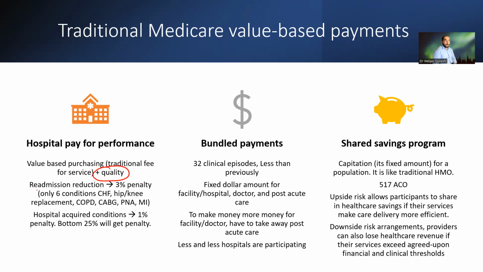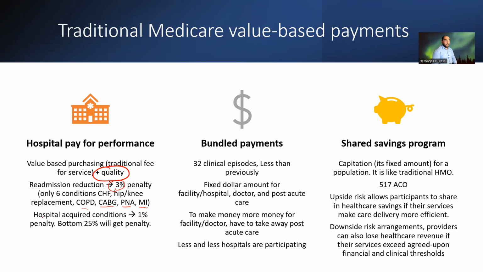They also want you to reduce readmissions, and there's a 3% penalty. They came up with 6 different conditions: heart failure, hip or knee replacement, COPD, CABG, pneumonia, and MI. So if you reduce the number of readmissions for these, you can avoid the 3% penalty.